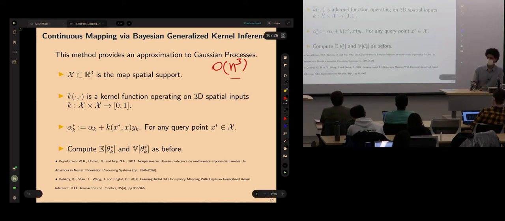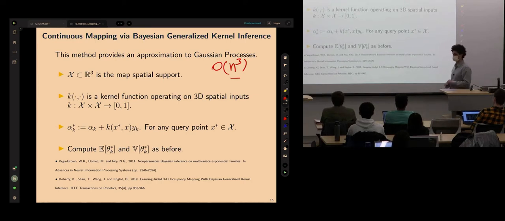But there is this cubic complexity, because we need to invert a matrix of the size of the training data. If you have 100,000 points and you want to update the map, or even 10,000 points, we're not going to be able to invert a 10,000 by 10,000 matrix. Plus, that's overkill because probably the correlation that we want is local.